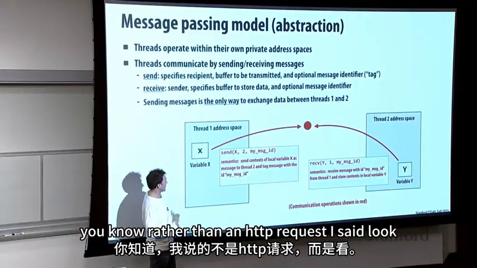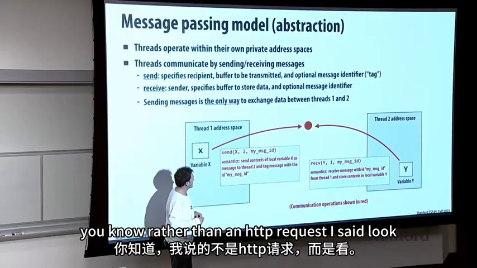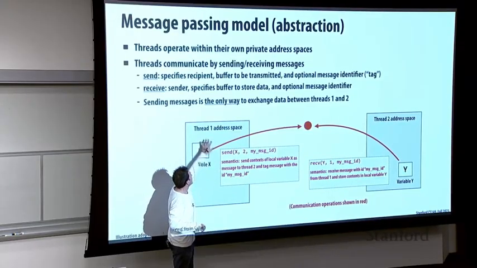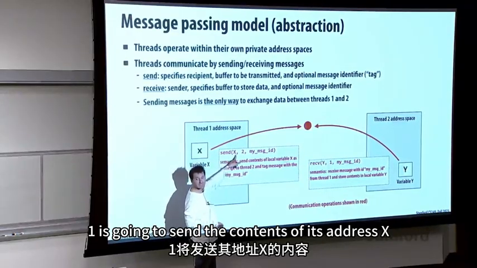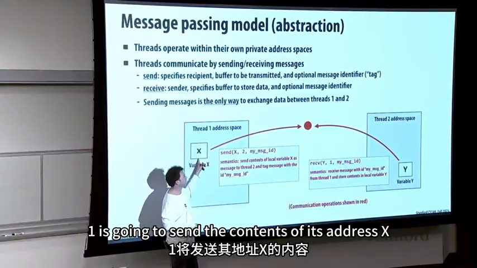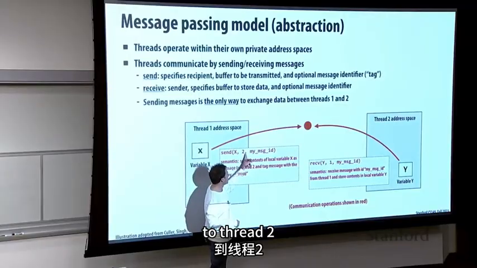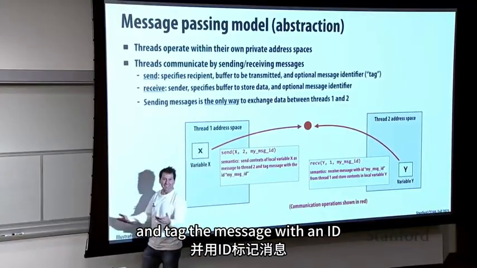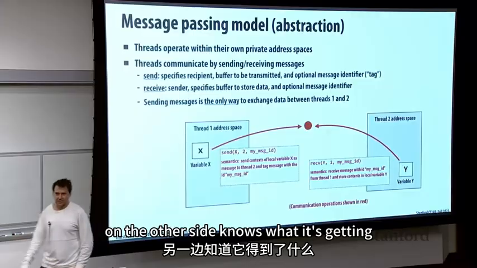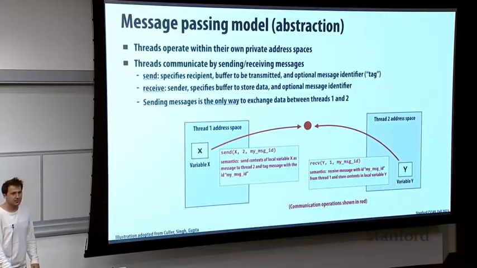So in this case, rather than an HTTP request, let's just abstractly say thread 1 is going to send the contents of its address X to thread 2 and tag the message with an ID so that the receiver on the other side knows what it's getting. Okay?